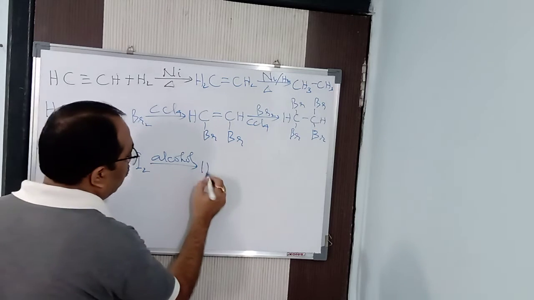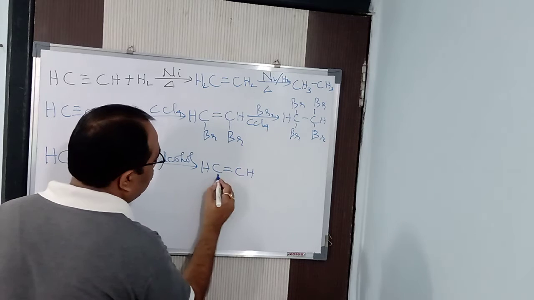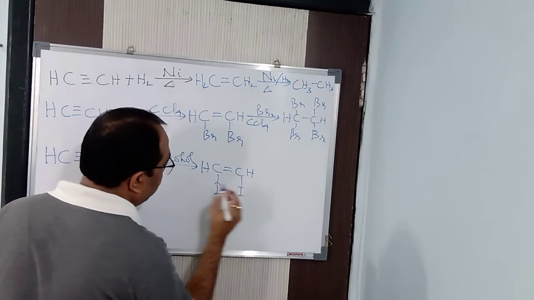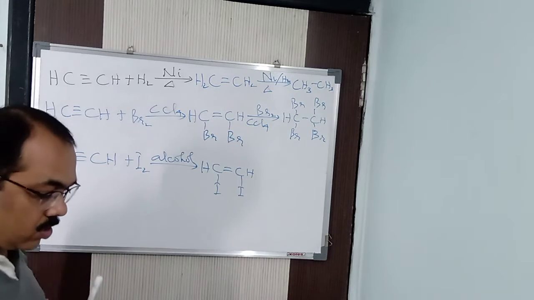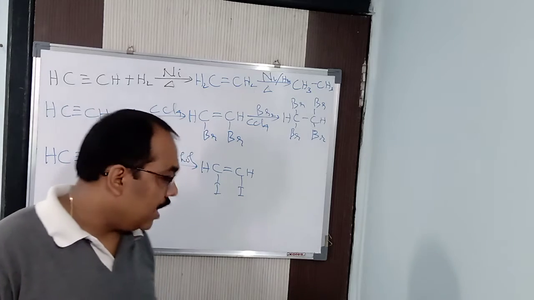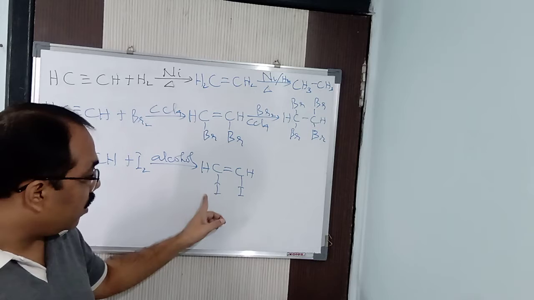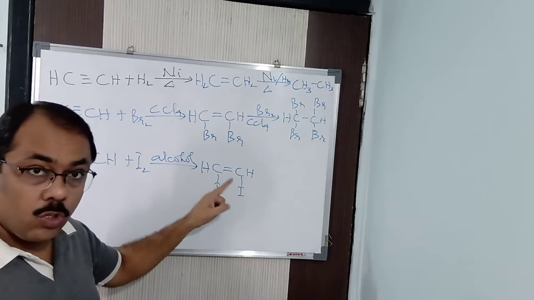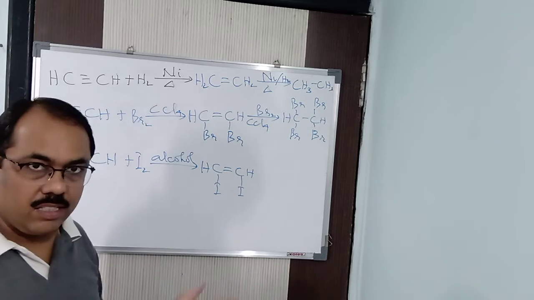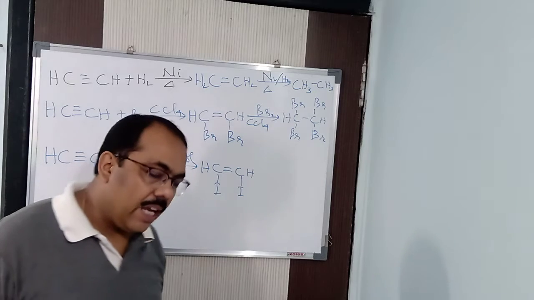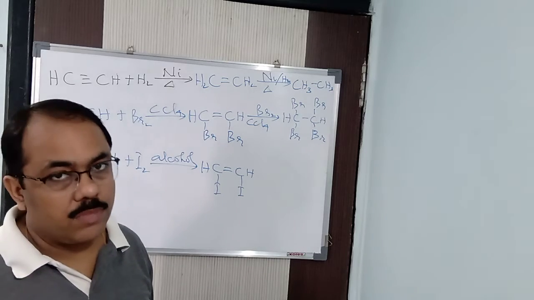So what will happen here? HC double bond CH, and here one I and here one I is added. So 1,2-diiodoethene is formed, the common name is ethyl diiodide.